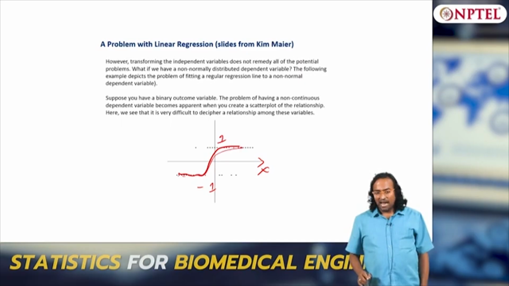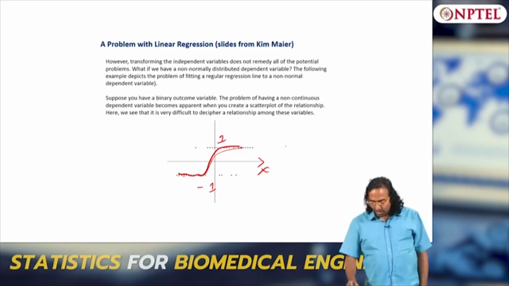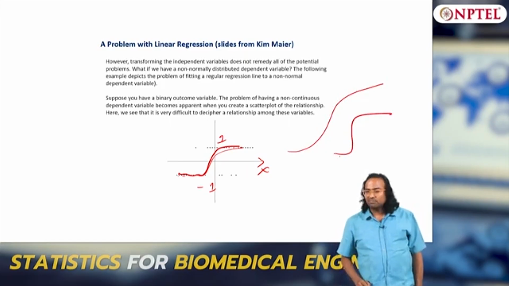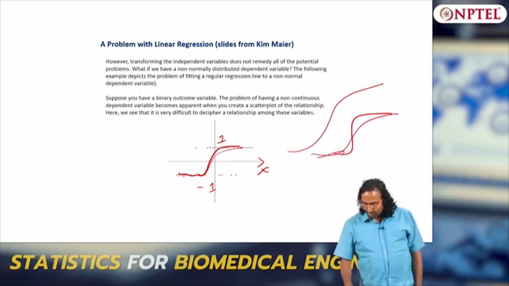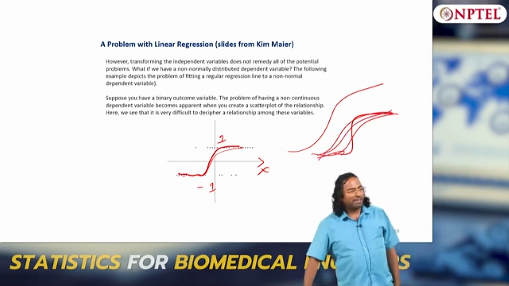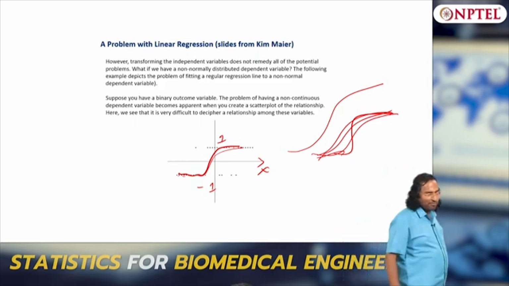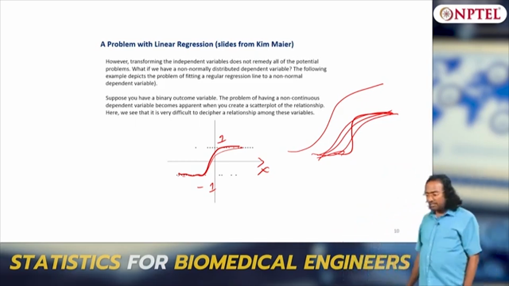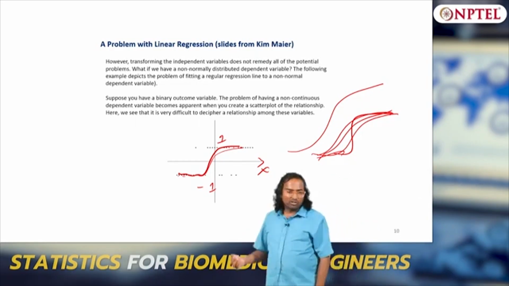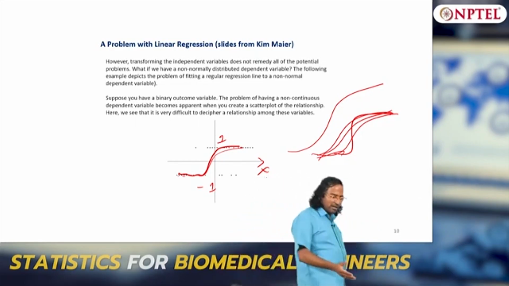I can play with the slope so that I could have multiple curves, slowly varying, fast varying, and so on. I could fit a variety of curves by varying the slope parameter, the rate of change of the graph, how quickly the step changes. That is what we are trying to do.